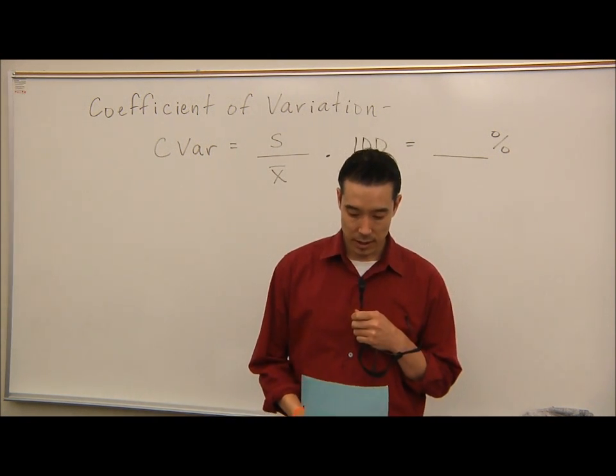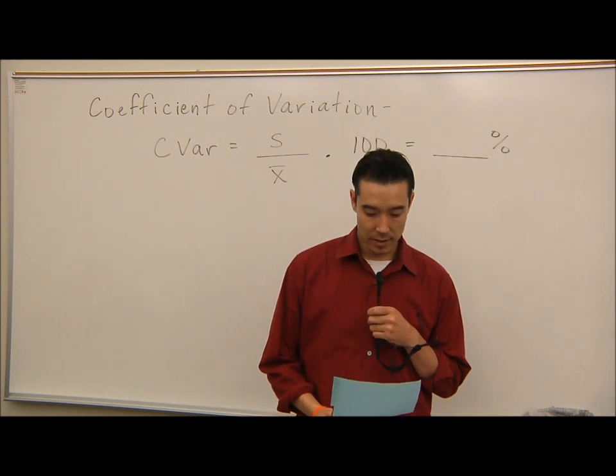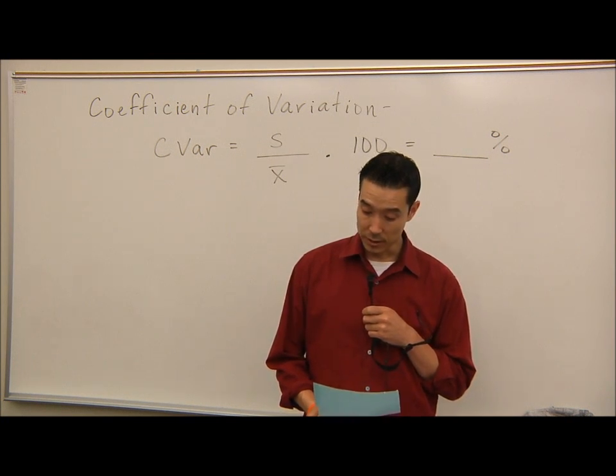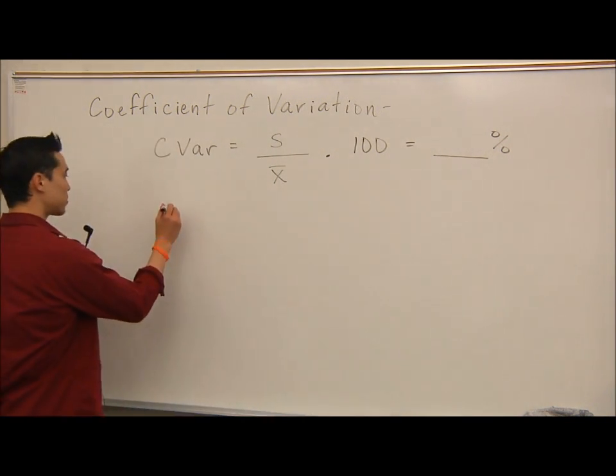The average test score on a history exam was 70 with a standard deviation of 5. On a math test, the X bar was 85 and S was 4. Compare the variations. Okay? So we have a history exam.